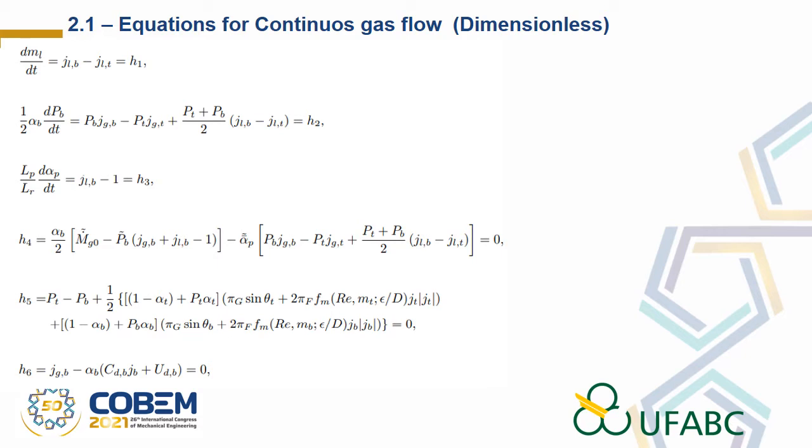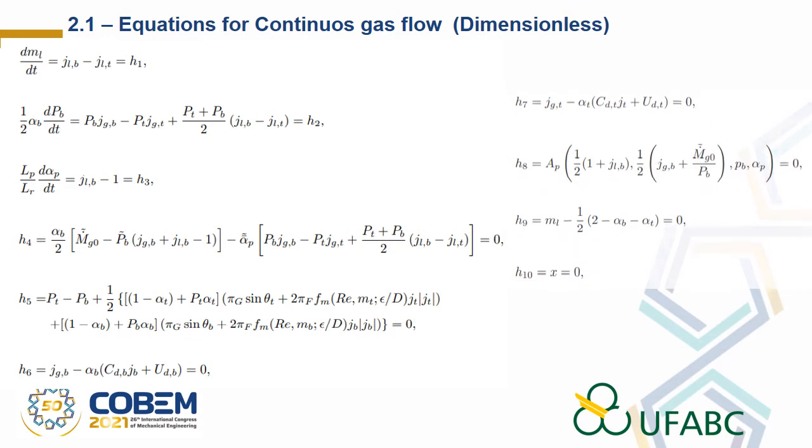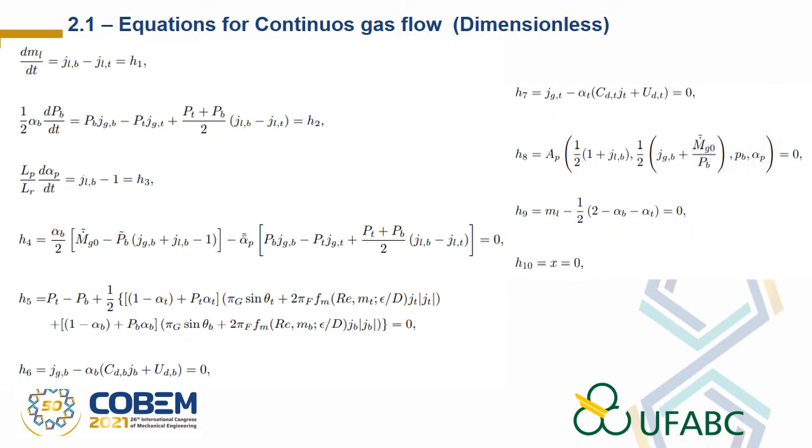The riser control volume linear momentum equation. 6 and 7. Drift flux closure laws in terms of the riser bottom and top variables. 8. An algebraic relation for the pipeline void fraction. 9. The riser control volume liquid mass. 10. No pipeline partial flooding. 11 and 12. Additional relations used to keep the number of equations the same in both configurations.